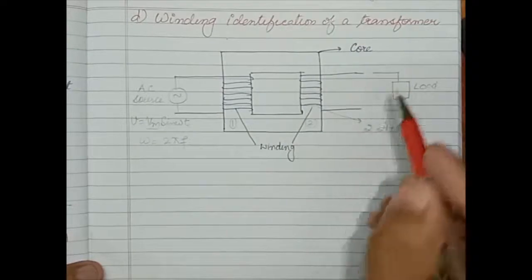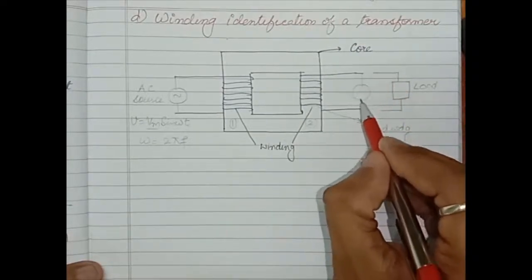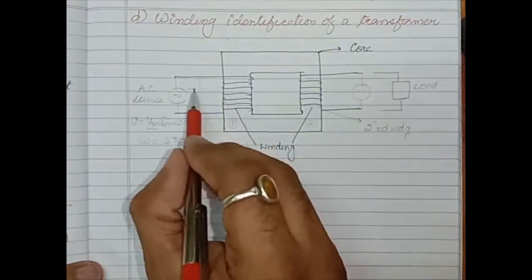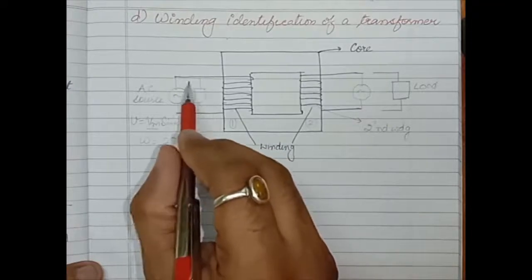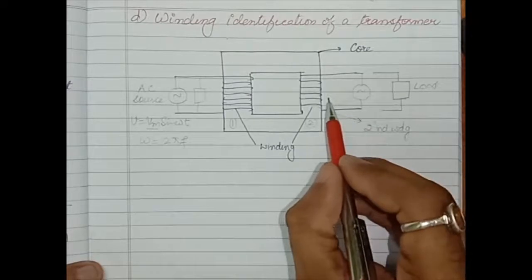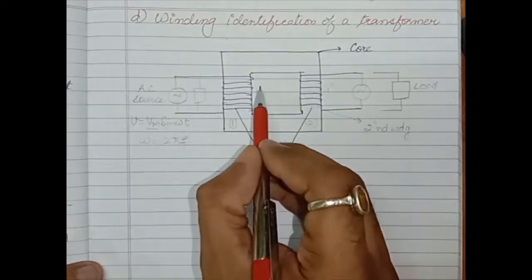If here the AC source is connected and here the load is connected, then at that time this winding will become the primary winding and this winding will become the secondary winding.